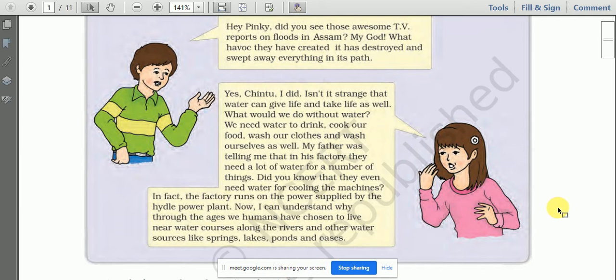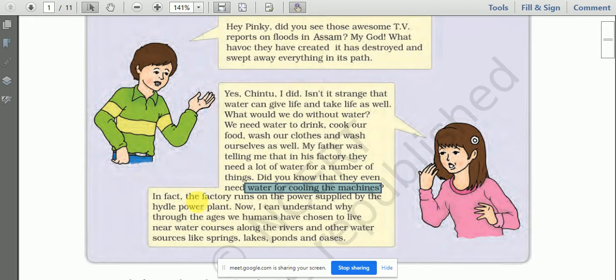To take a bath ourselves, not only is it required for day-to-day life, as you know, water is also required for factories. In the factories we need water for cooling the machines and for other purposes.